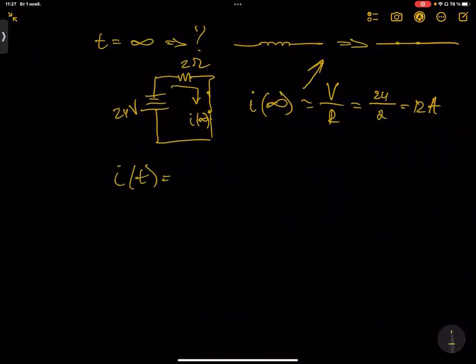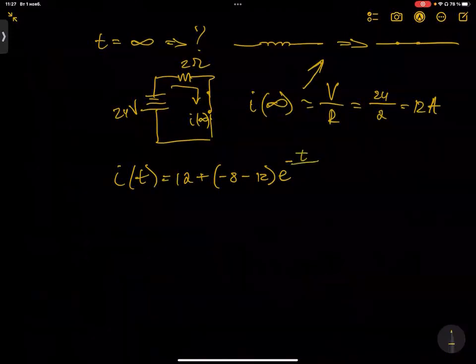Okay, I'm putting our values into the formula. 12 plus I0, where I0 is minus 8, minus I infinite 12, e to the power of t over the time constant.